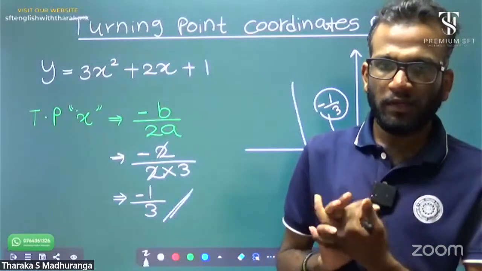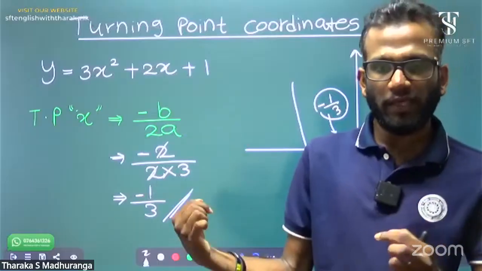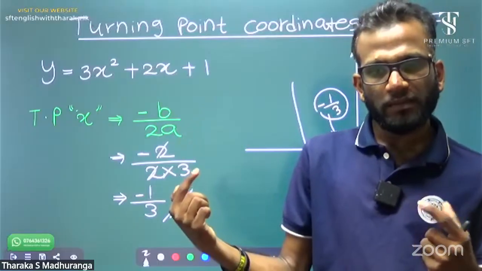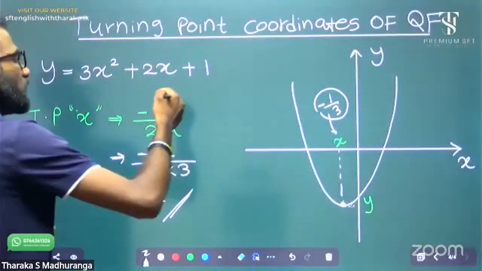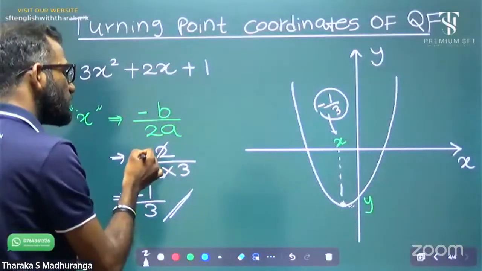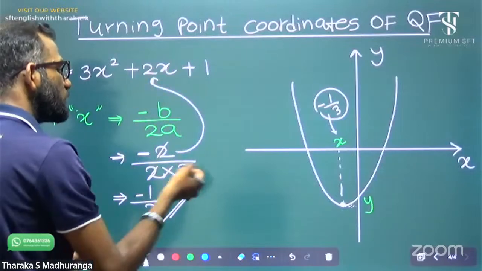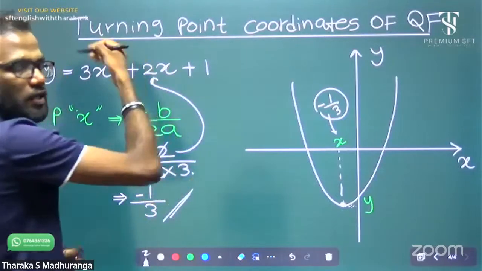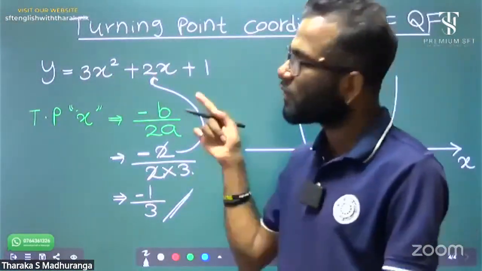Practice it: minus b over 2a. You can get the b value and the a value from the equation. This is the turning point x coordinate.